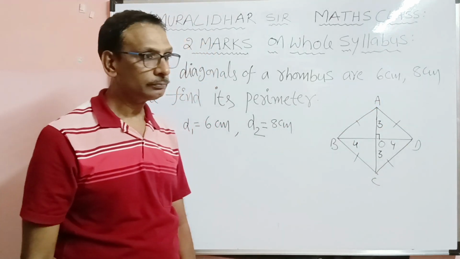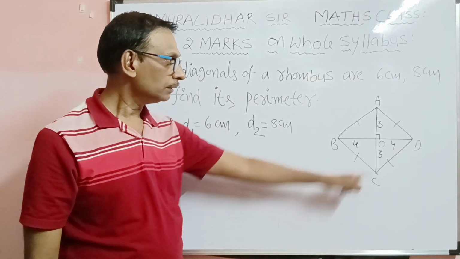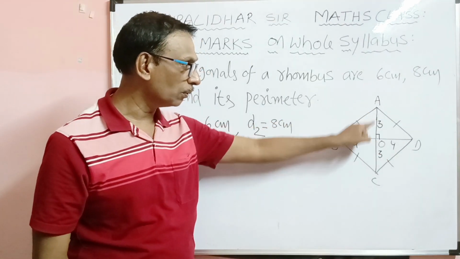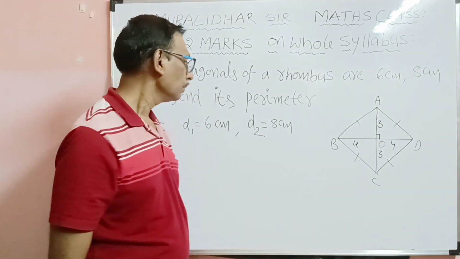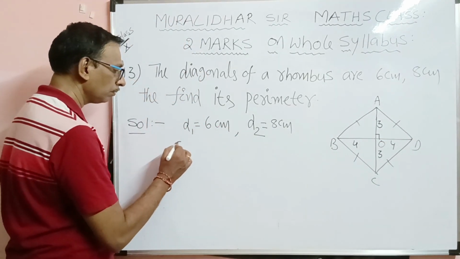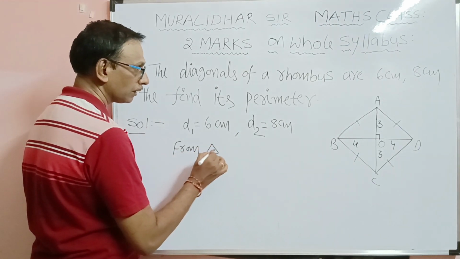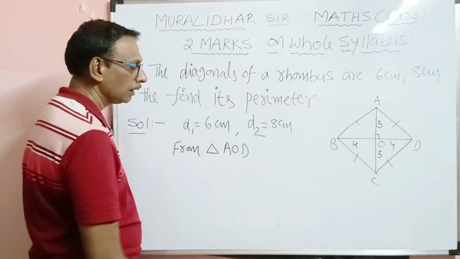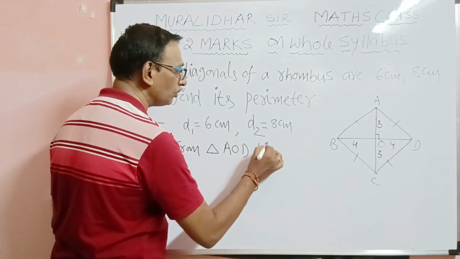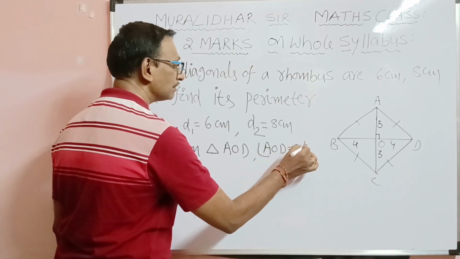AOD is a right angle triangle. Then AD square is equal to AO square plus OD square. Now from triangle AOD, angle AOD is equal to 90 degrees.